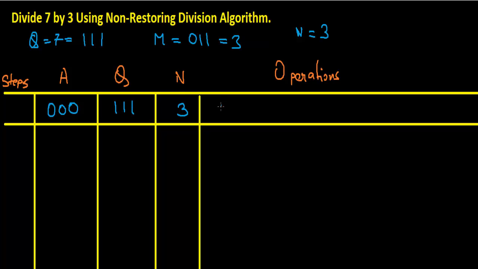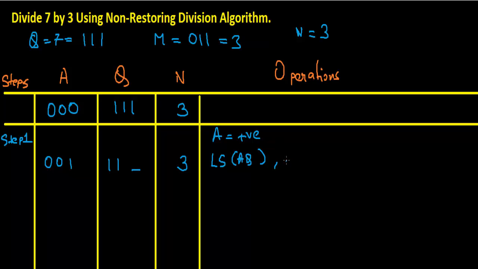So first we'll see the sign of A. I'm writing here step 1: sign of A is positive. So we need to perform the left shift of AQ. So 0 0 1, this one comes here, 1 1, and there will be a vacant dash, and N is 3.